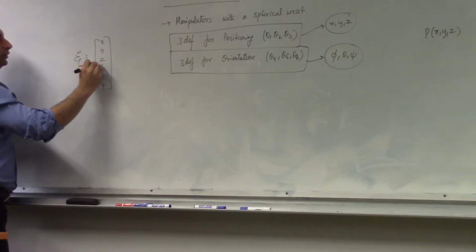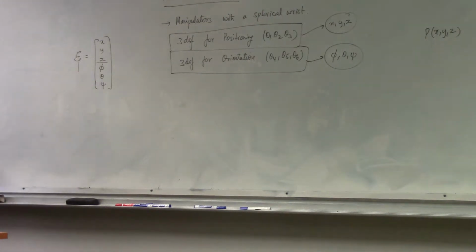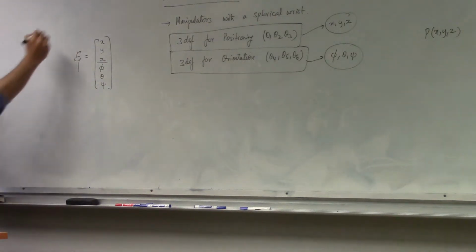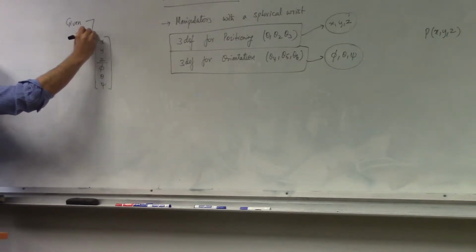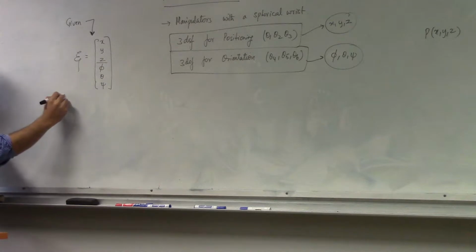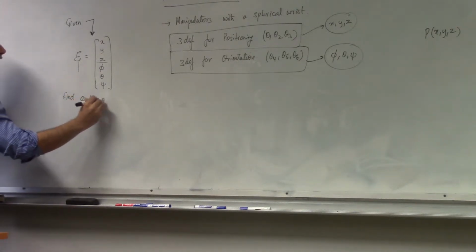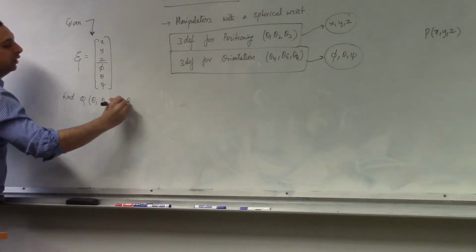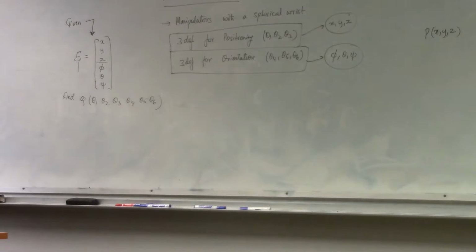So this is the position and this is the orientation. Okay? So given eta, the end effector position and orientation, we need to find Q, which is theta 1, theta 2, theta 3, 4, 5, and 6.